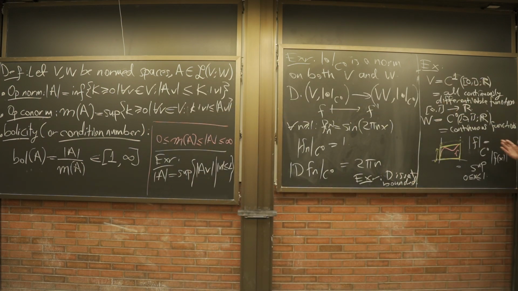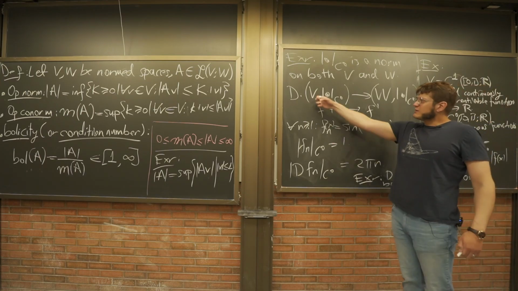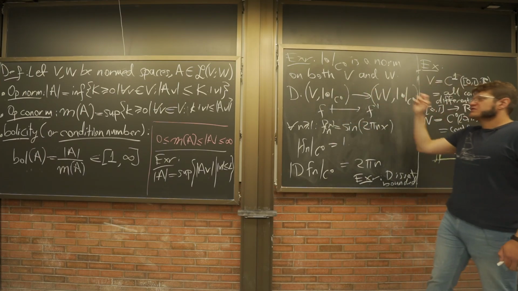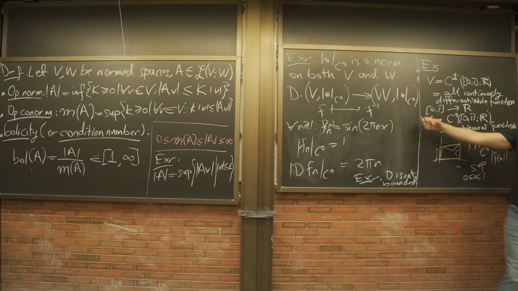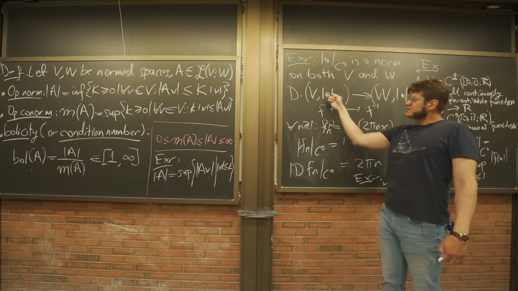You can say, everything is fine, but I don't like the fact that D is unbounded. D is differentiation. It should be a nice thing. Then you start moving things around a little bit. You cannot do much with V. You cannot do much with W. You cannot change this norm, but it turns out that you can change this norm.